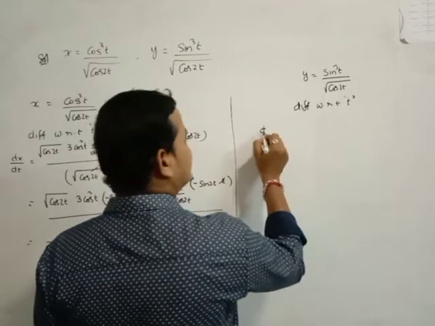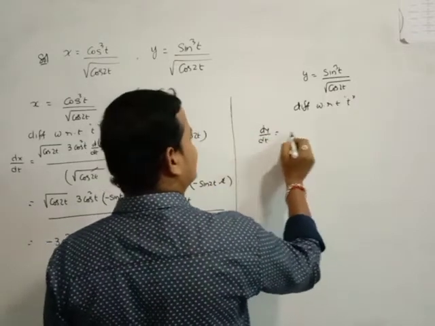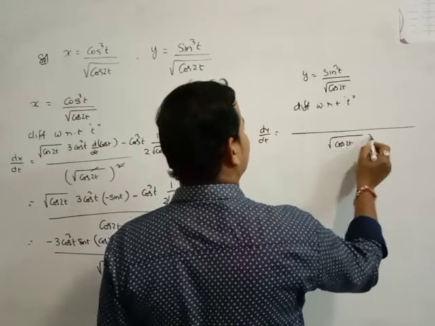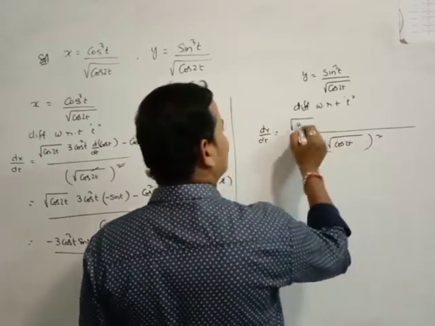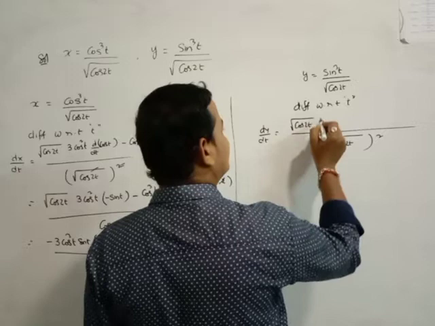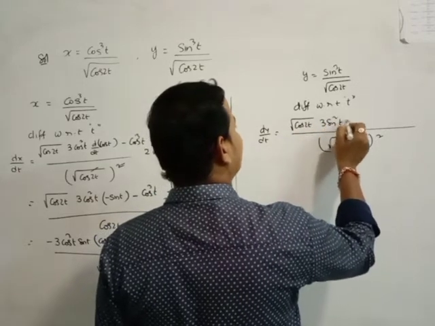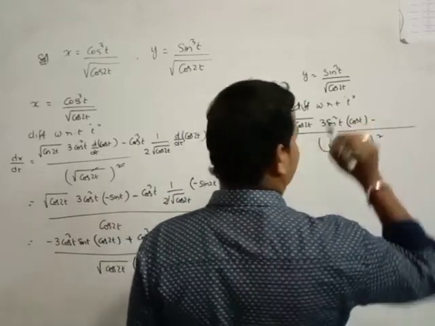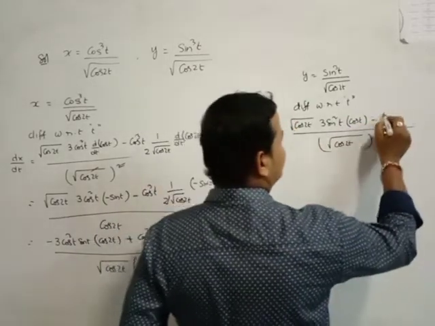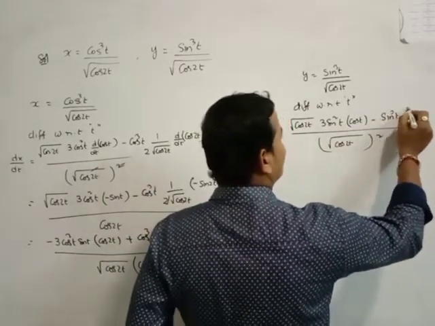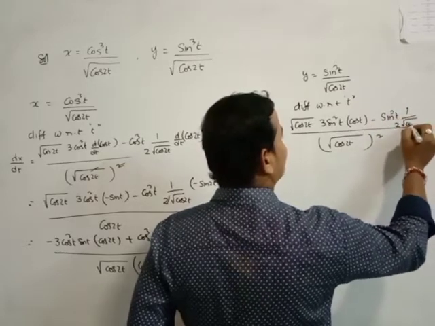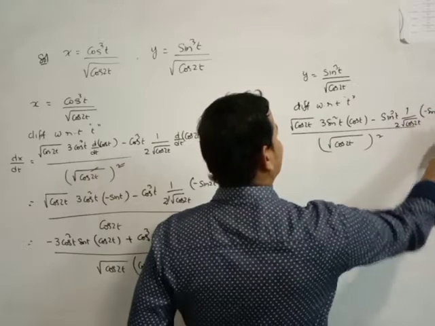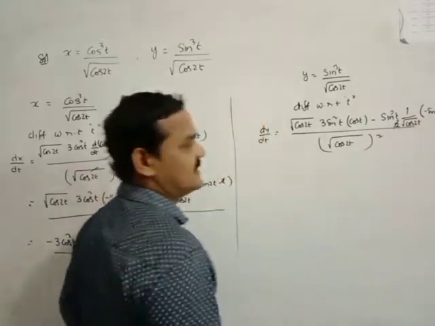So dy by dt is equal to u by v, by root cos 2t whole square, again root cos 2t into the derivative of sin cube t, which is 3 sin square t into the derivative of sin, which is cos t, minus sin cube t into the derivative of this one, which is 1 by 2 root cos 2t. Again the derivative of cos 2t is minus sin 2t into 2. These 2 and 2 cancel.